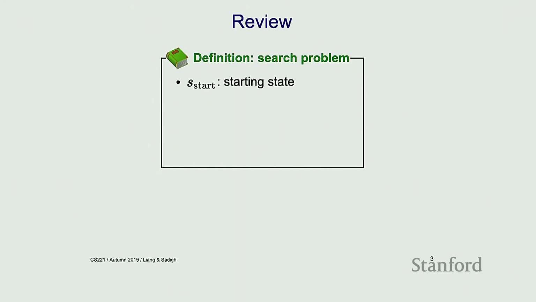All right, so we started last time talking about search problems, and we started formalizing it. So if you remember our paradigm of modeling and inference and learning, we started modeling search problems using this formalism, where we defined a starting state, that's S start, and then we talked about the actions of s, which is a function over states, which returns all possible actions.